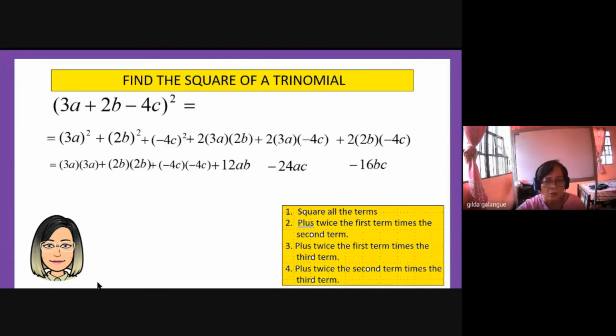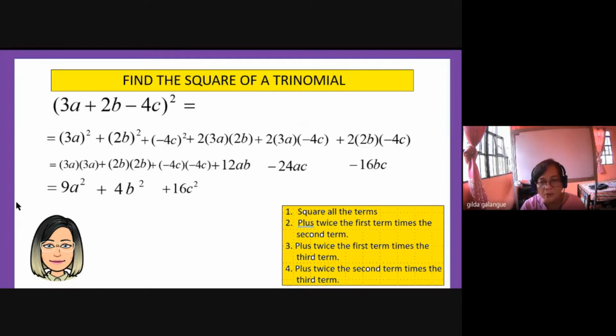Alright, now, what is 3a times 3a? 3a times 3a equals 9a squared. What is 2b times 2b? That is 4b squared. And what is negative 4c times negative 4c? Positive 16c squared. Do not forget that if we square a negative number, the result is always a positive number.